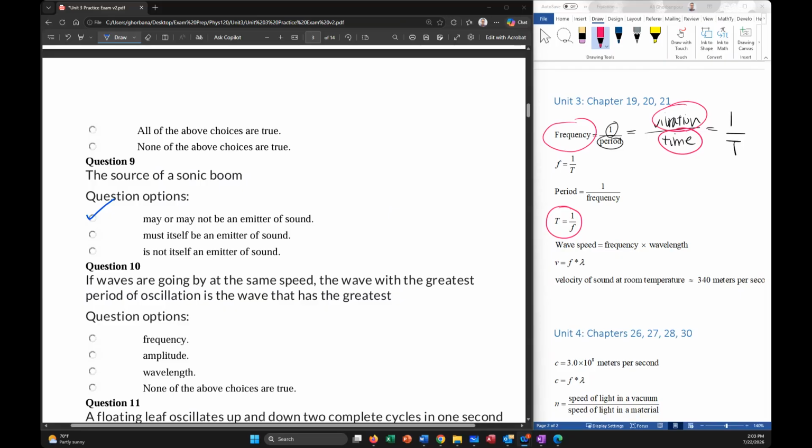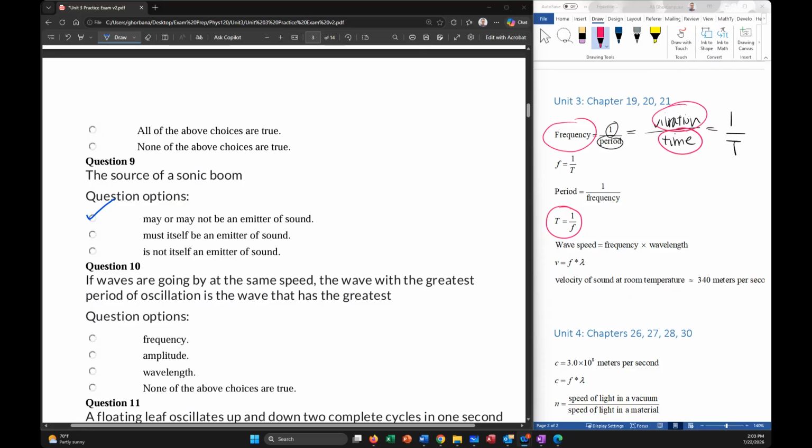So, for instance, one example I can provide for this. I just wanted to explain it with an example. A supersonic bullet produces a sonic boom, even though it is not intentionally emitting sound.